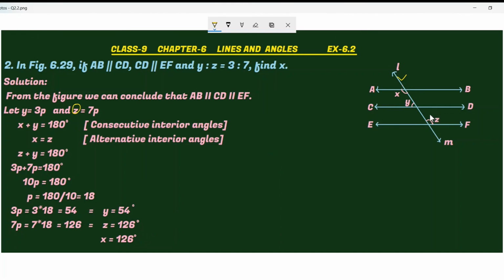Now we have found z and y. We have to find x. Already I told these two are alternate and both are equal. If z is 126, then x is also 126. So we have found x. x is 126. That's it. Thank you.